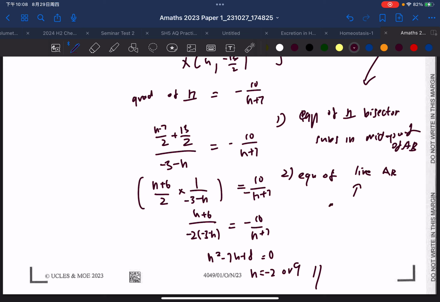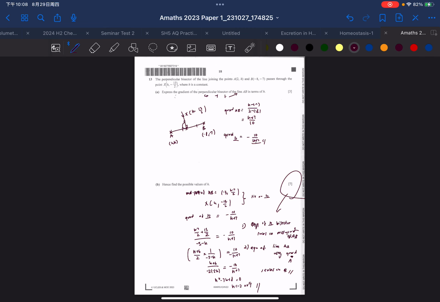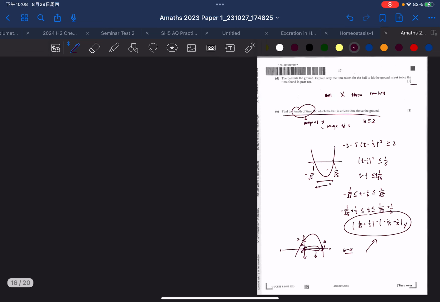So what they do is they find the equation of line AB using the gradient and A. Then they sub in B. It actually works. With that, I think that's all for your Amath paper 1.